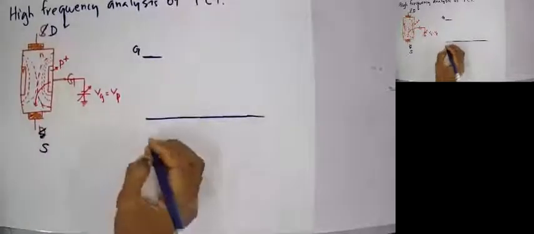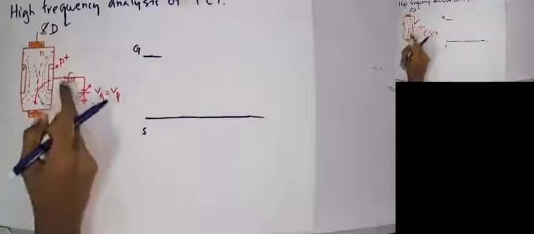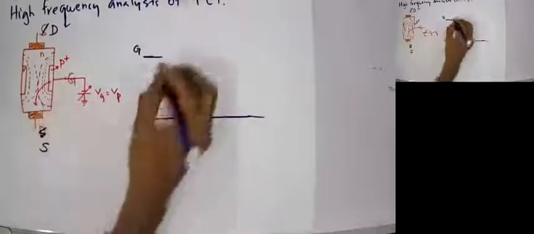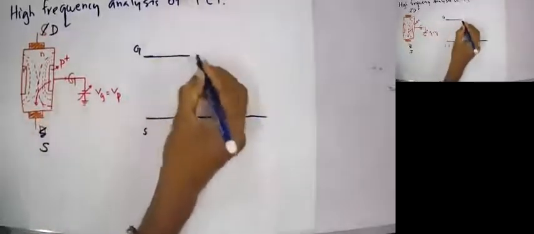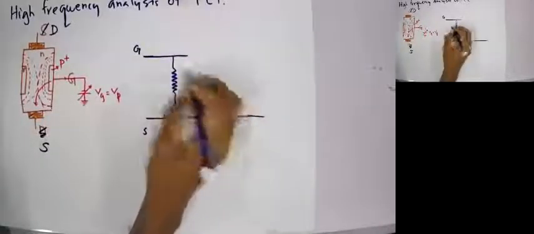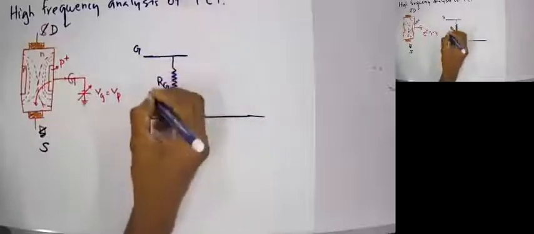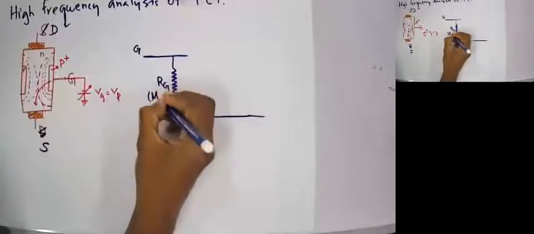So this will be our S, source, and this will be my gate. And as I said earlier, we have a resistance between gate and source, but that will be very high, right? So we will have a gate resistance RG. Normally this RG is in terms of mega ohms, right?